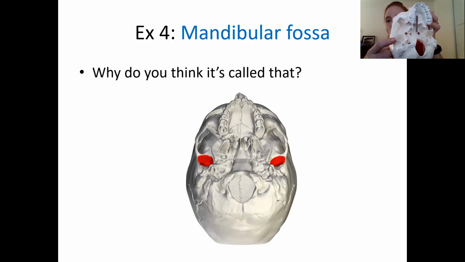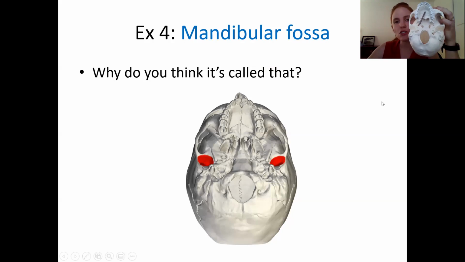Why do you think this is called mandibular fossa? First of all, in order to answer that question, you need to know what a fossa is. A fossa is a shallow depression. Think of a sink. That's really what it looks like, a basin. So shallow basin-like depression. That's where that part of the name comes from.